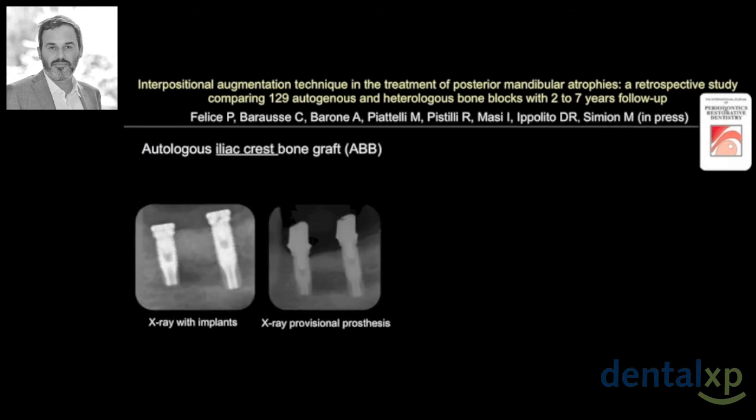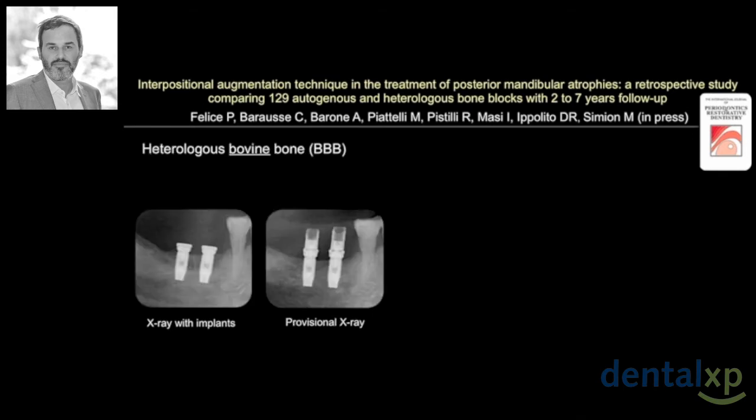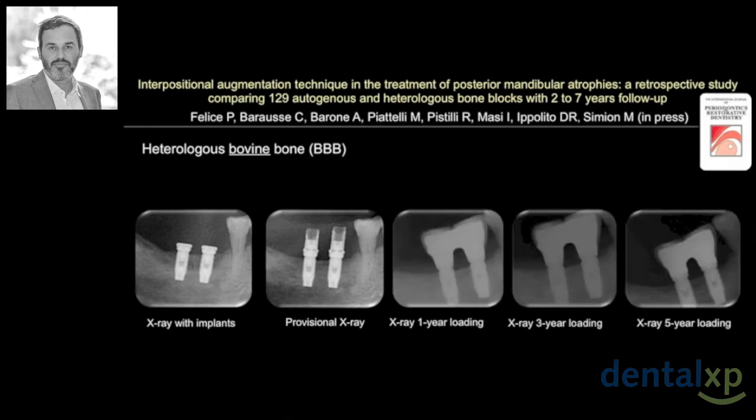This is a case with autologous bone block from the iliac crest. And this is the same case after 7 years. A case with a block of heterologous bovine bone with the provisional prosthesis, and after 5 years.